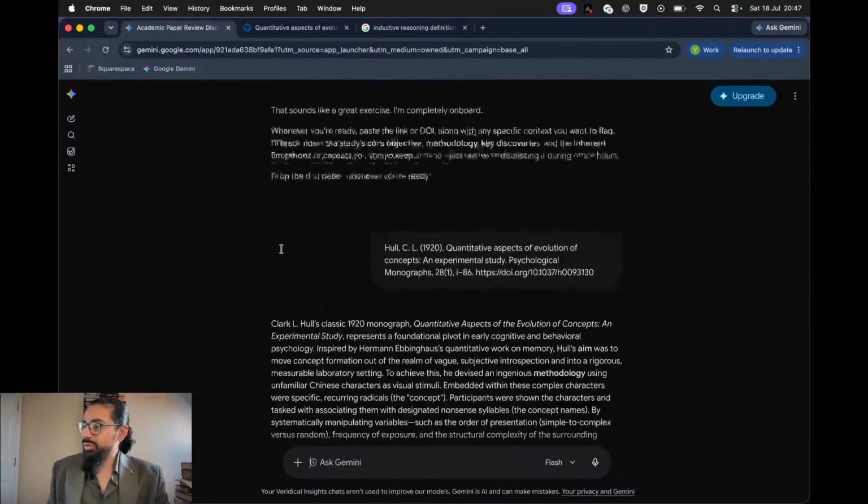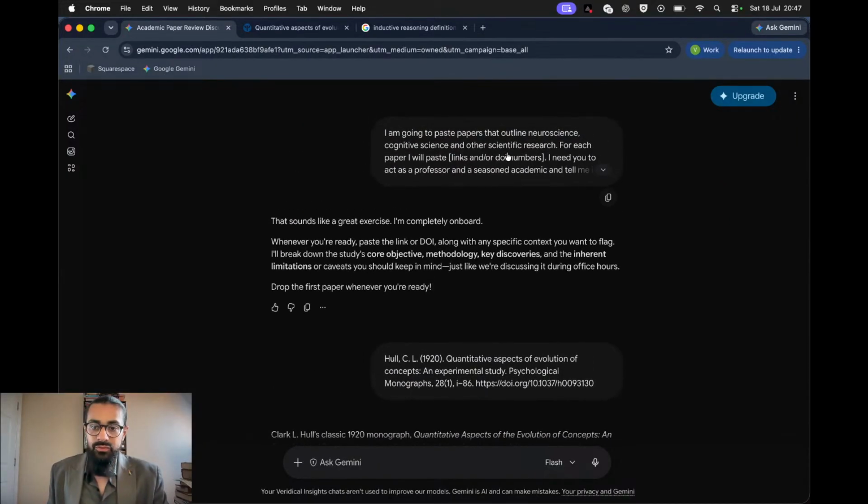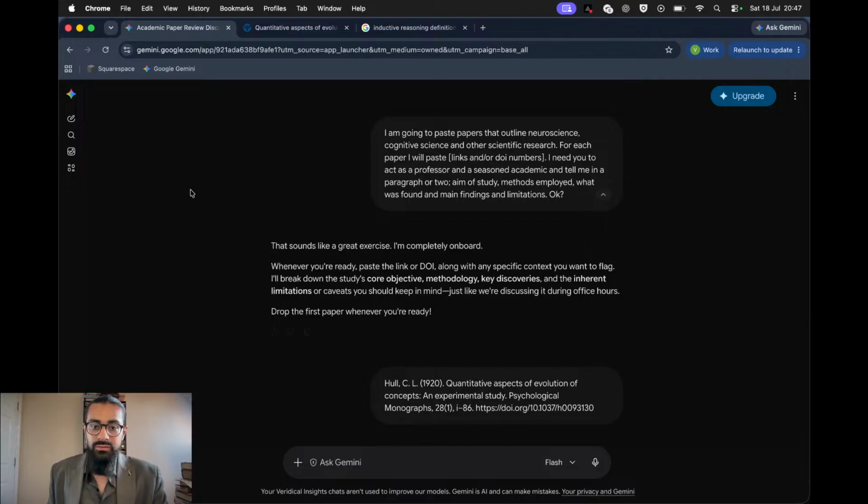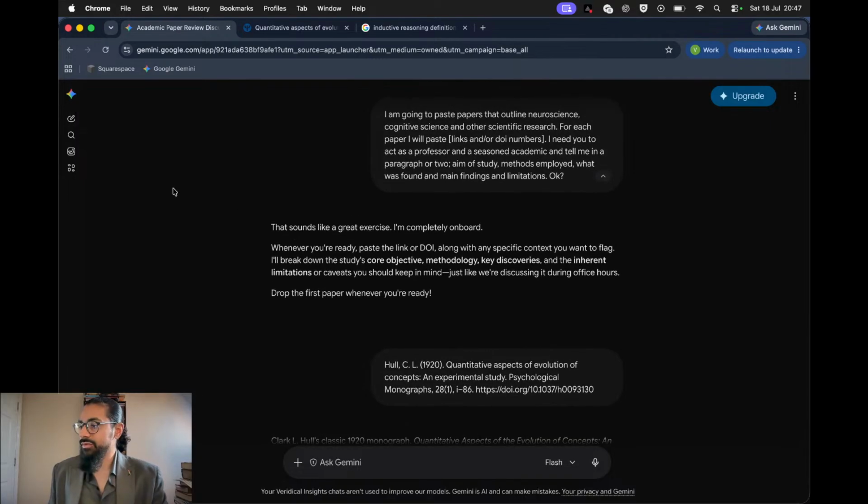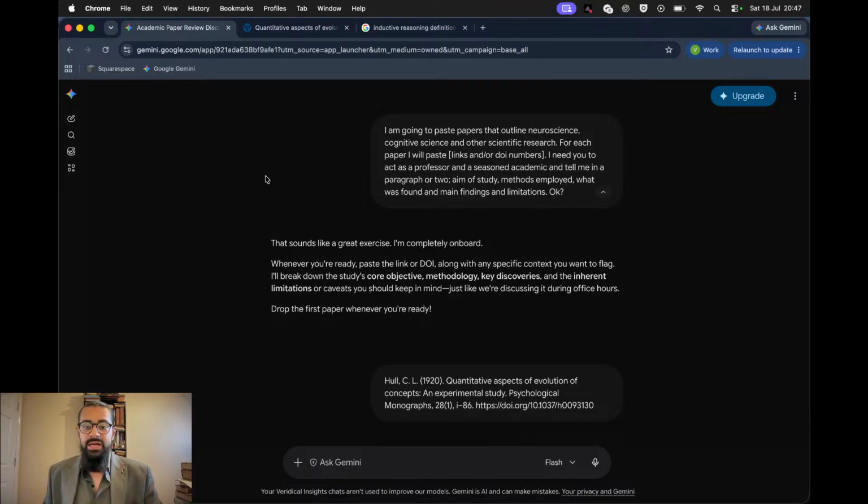Right, so I've devised a prompt here for the Gemini LLM. So for those who want to, for example, look into the research of different and various papers, you can easily do so, right? So the prompt is, I'm going to paste papers that outline neuroscience, cognitive science, and other scientific research, because we have some behavior stuff here as well.